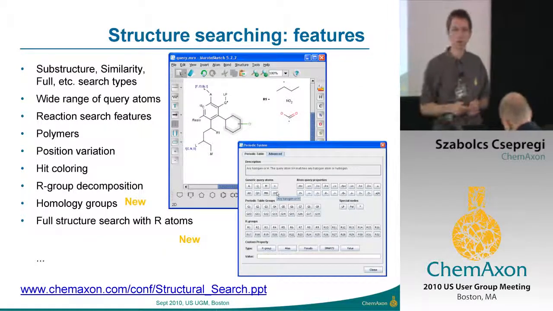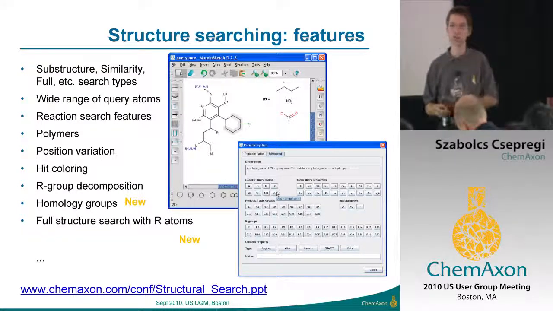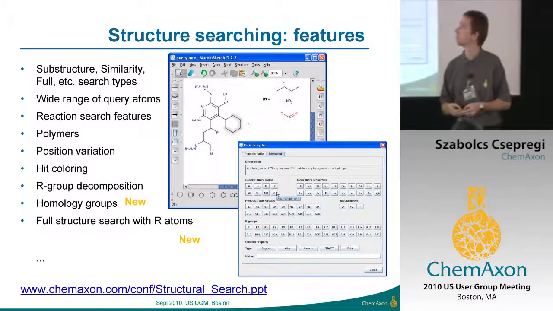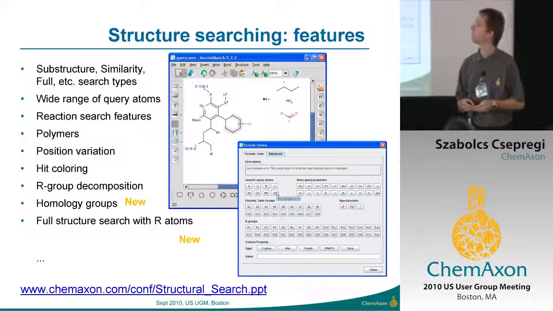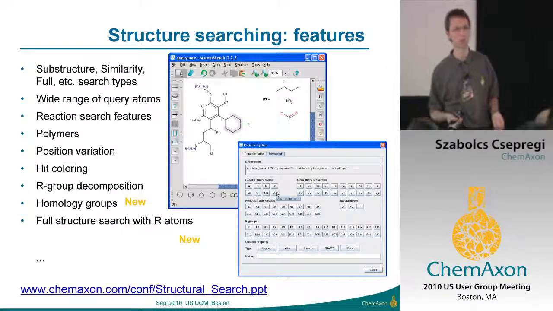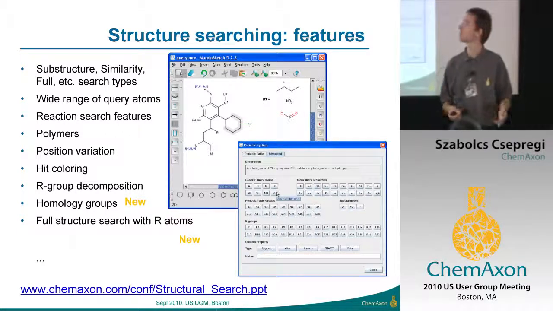The search engine is quite comprehensive. It has lots of different features. On this slide, I just try to highlight some of the goodies that are available here. So we provide a wide range of query atoms. We have lots of query properties. We can handle smarts, recursive smarts.